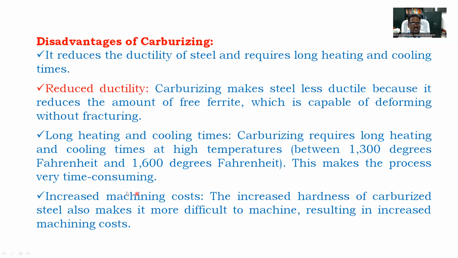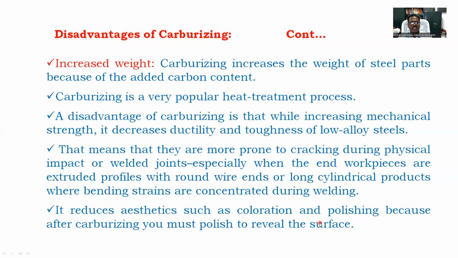This makes the process very time consuming. Increased machining cost. The increased hardness of the carburized steel also makes it more difficult to machine, resulting in increased machining cost. Increased weight. Carburizing increases the weight of the steel parts because of the added carbon content.